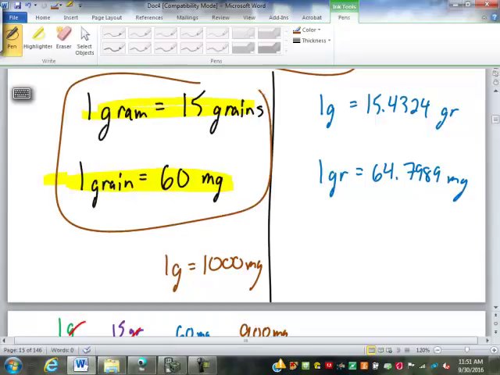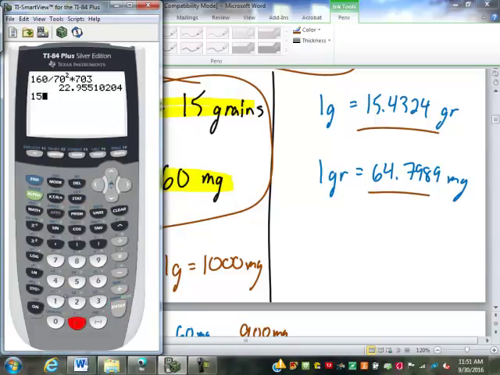For this class, we are going to use the medical numbers. Now, these don't work out perfectly either. For some reason, they have chosen in the medical field to just use 60. Don't know why.